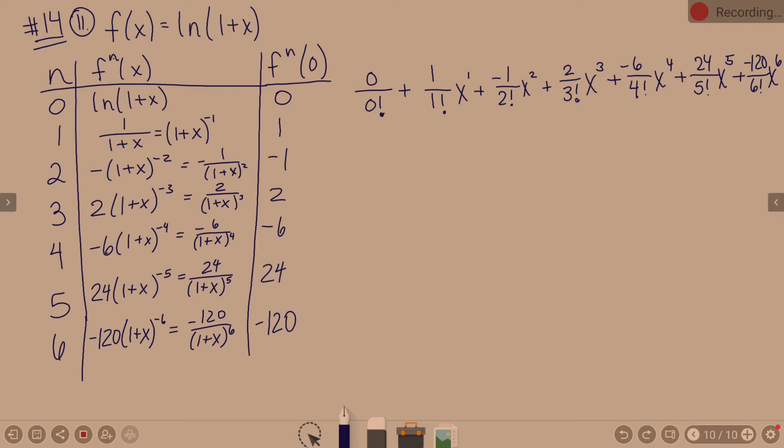Now, I would always check into some cleanup here. This one cleans up pretty nicely, doesn't it? Okay. 0 divided by 0 factorial is just going to be 0, because 0 factorial, remember, is 1. 0 divided by 1 is 0. It's gone. 1 divided by 1 factorial, x to the first. x. Got it.